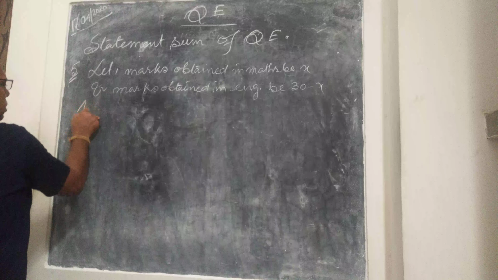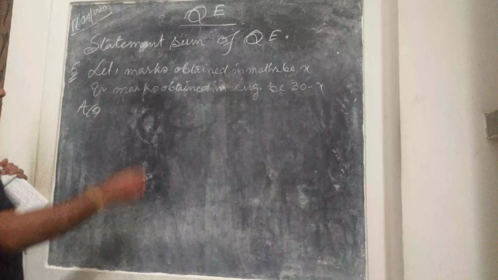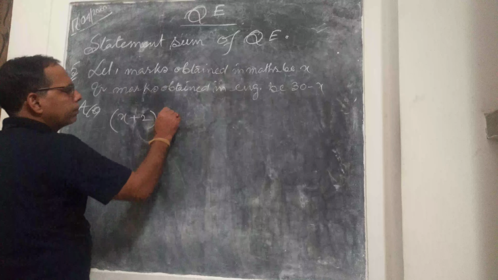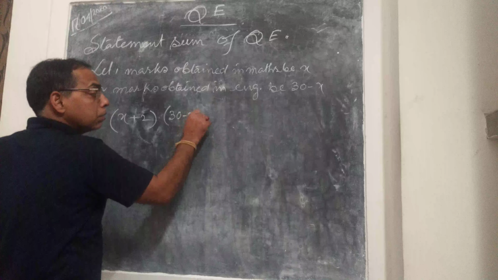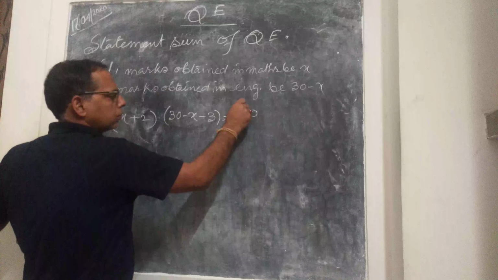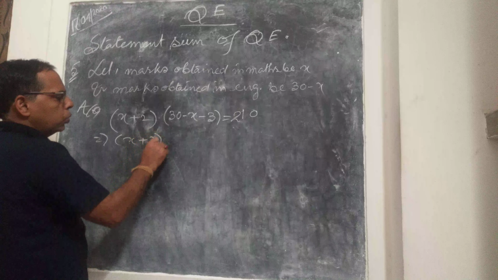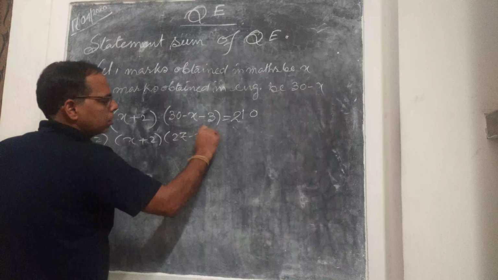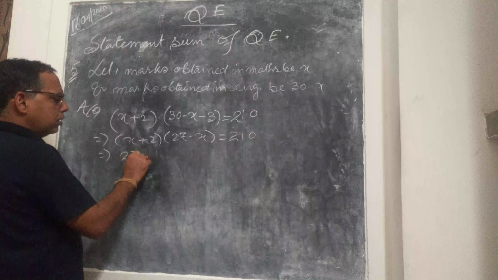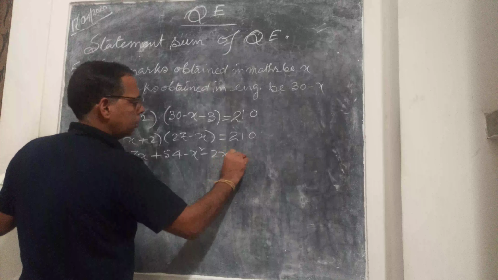Now according to the question, if 2 more marks in mathematics, that means x plus 2, and 3 marks less in English, that is 30 minus x minus 3, equal to 210. Then this implies (x plus 2)(27 minus x) equal to 210. Then 27x plus 54 minus x square minus 2x equal to 210.